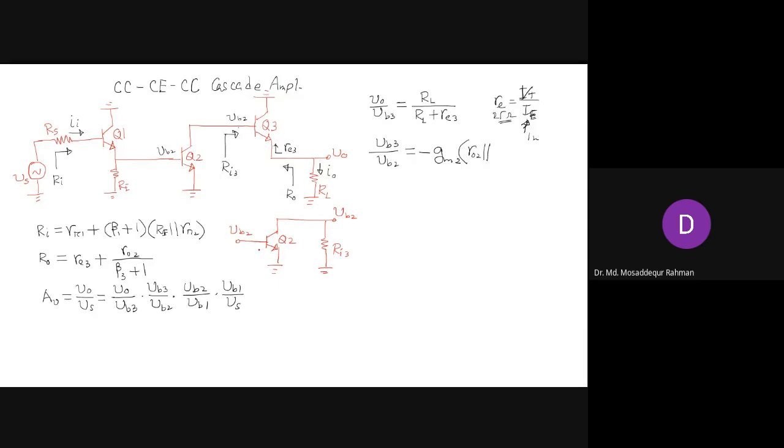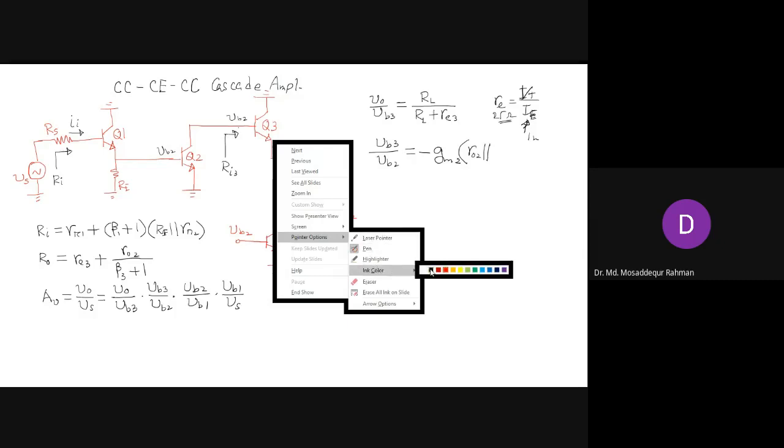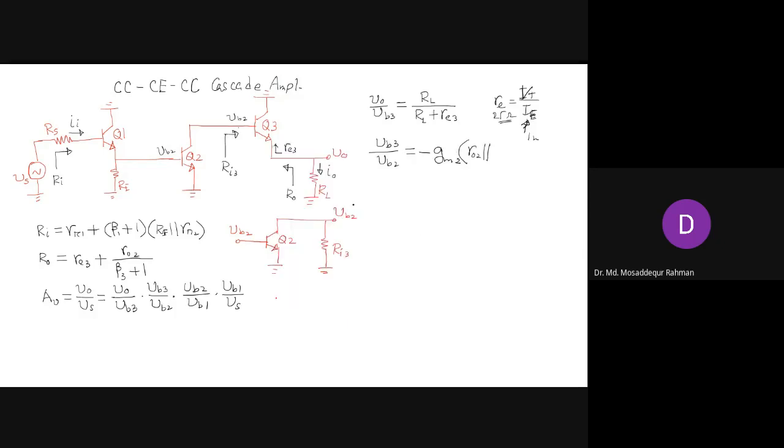So the gain expression that we'll have is R02 in parallel with Ri3. And what is Ri3?